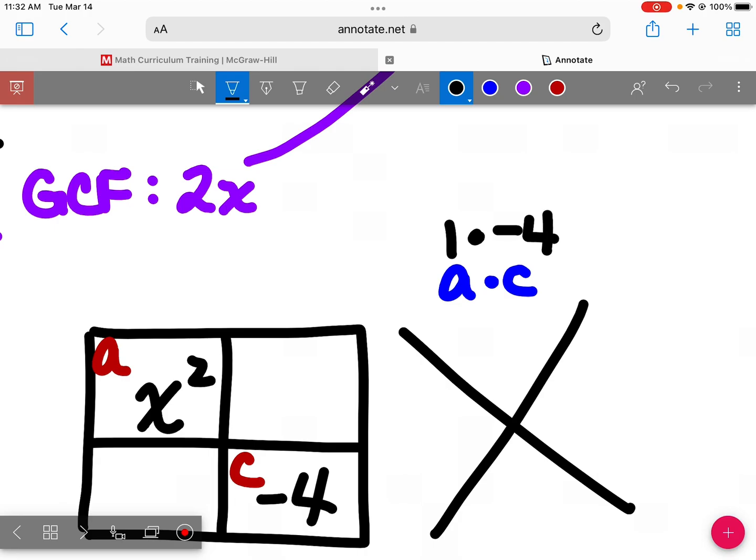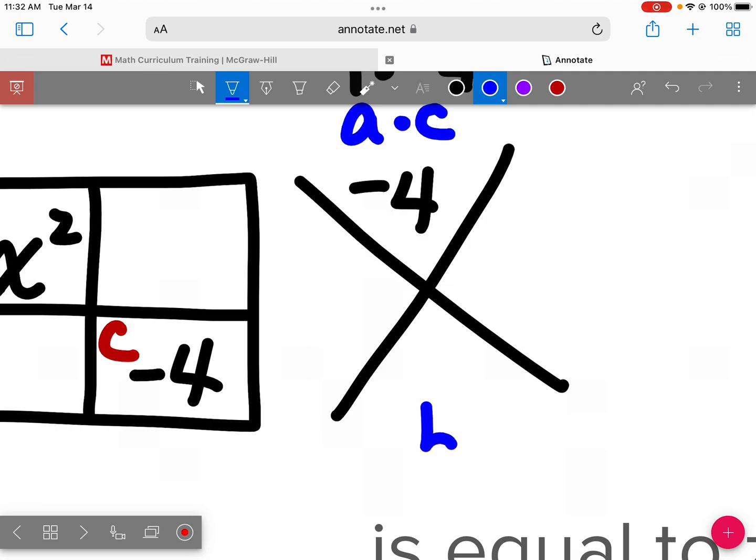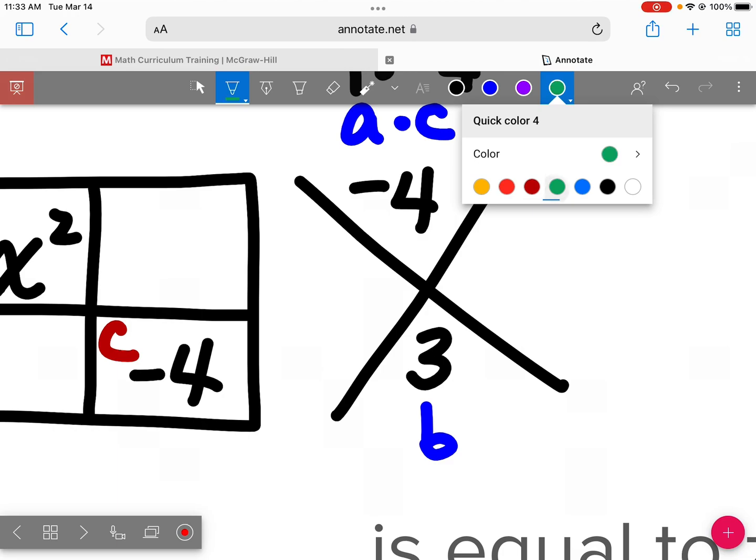What is 1 times -4? -4. Down on the bottom? 3. So we need two numbers that when we multiply them, we get -4, but when I take those exact same two numbers and I add them together, I get a +3. 4 and -1.